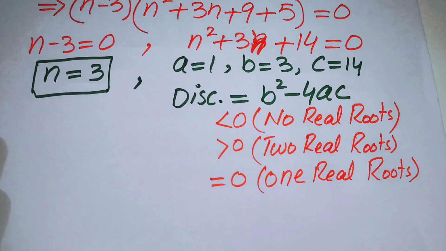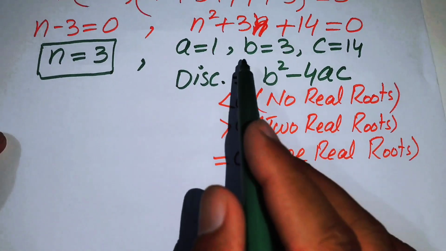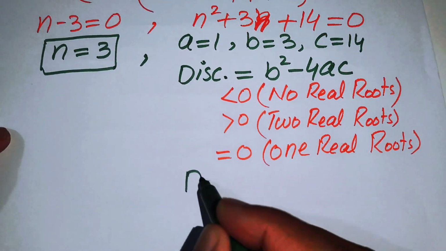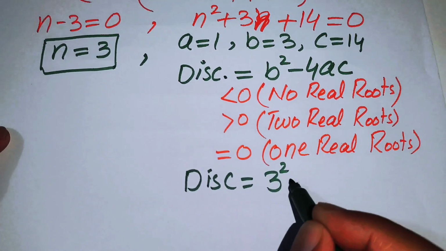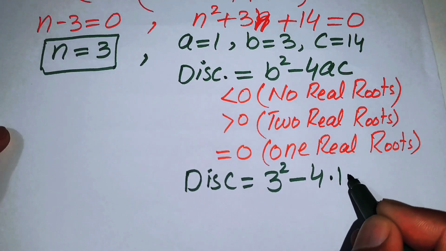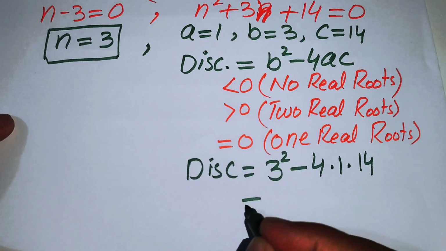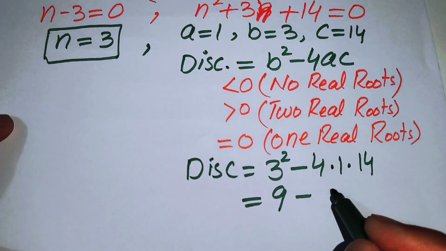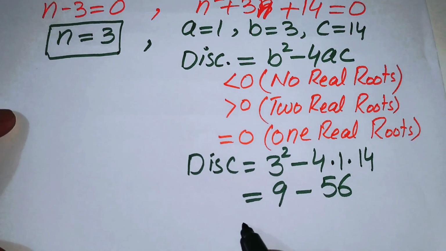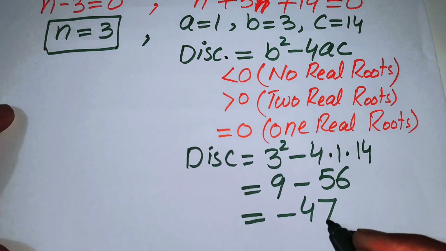Now we will check the behavior of our disc by putting in the values of a, b and c. So disc is equal to b square, and b is 3, square, minus 4 times a, which is 1, and c is equal to 14. Here 3 square is equal to 9, minus 4 times 14, which is 56, and 9 minus 56 is equal to minus 47.